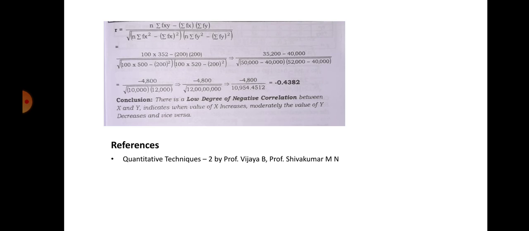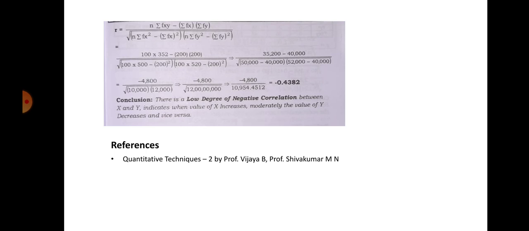Now the numerator is minus 4800, divided by square root of 10,000 into 12,000, which is equal to minus 4,800 divided by 12 lakh. If there is an error while calculating, you have to take the individual square roots.